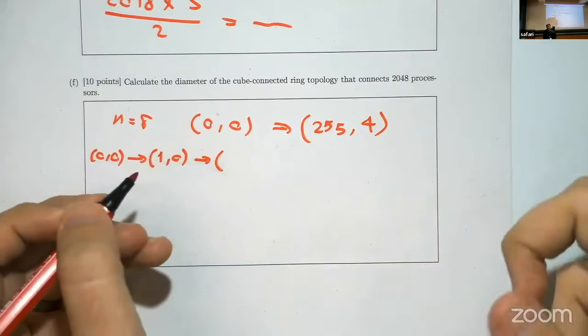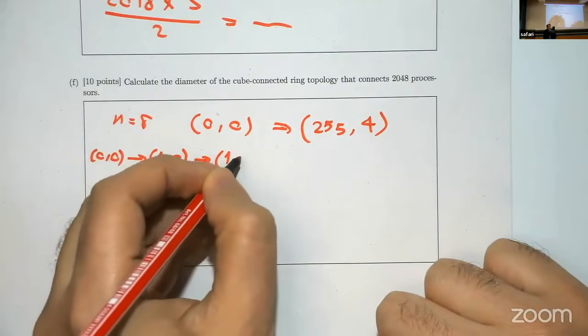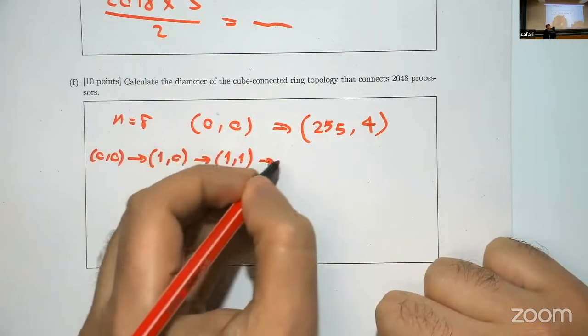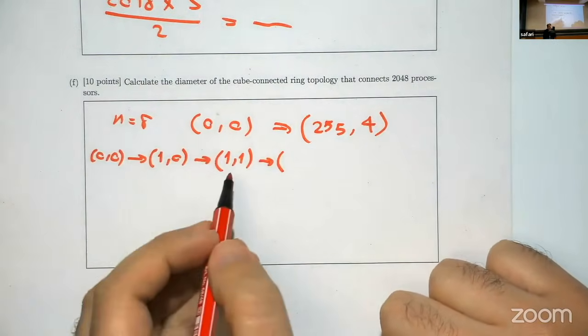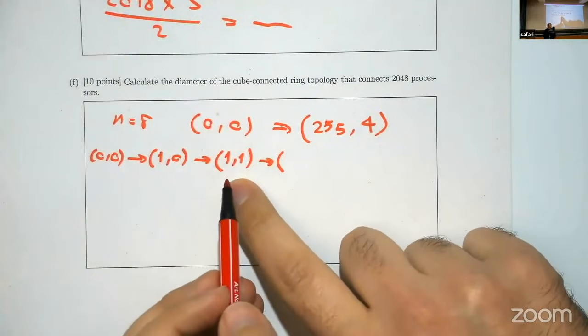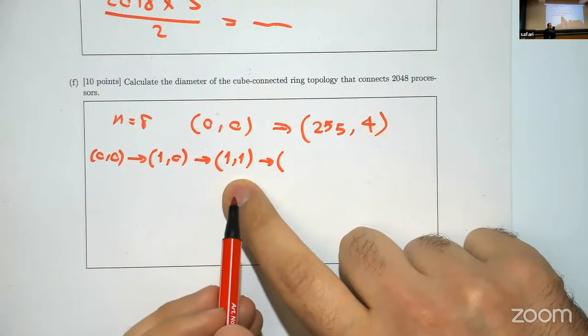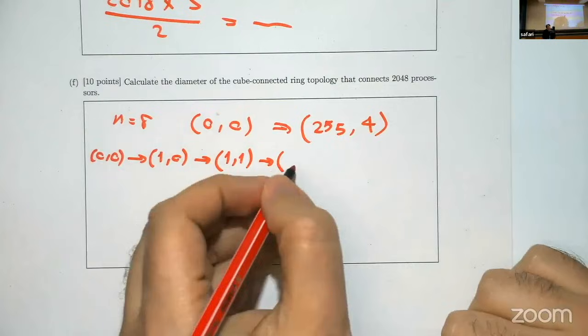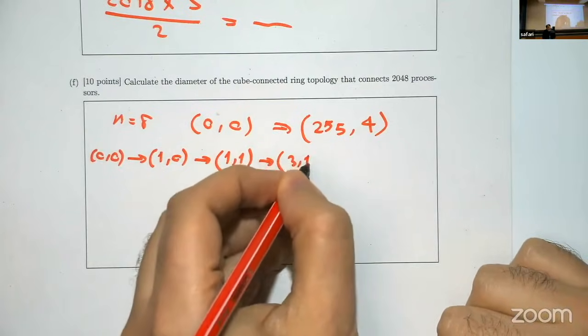Then we can take a ring pass, 1, 1. And then we take the hypercube pass. So the neighbor of 1, 1 in hypercube is 1 XOR 2 to the power 1, which is 3, actually. So it's going to be 3, 1.